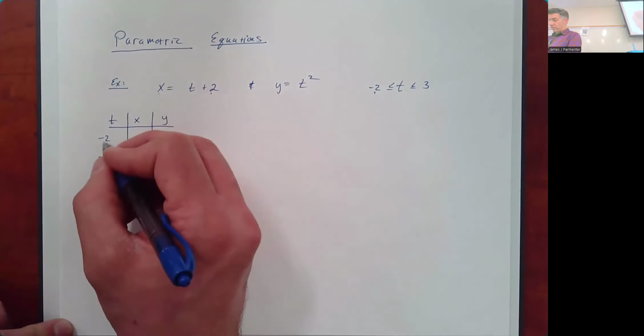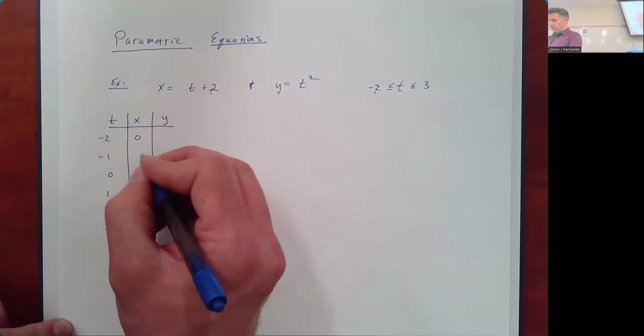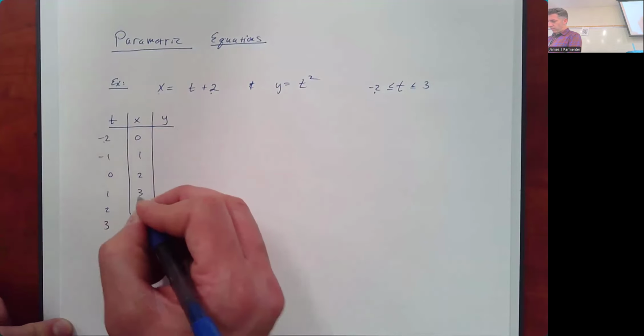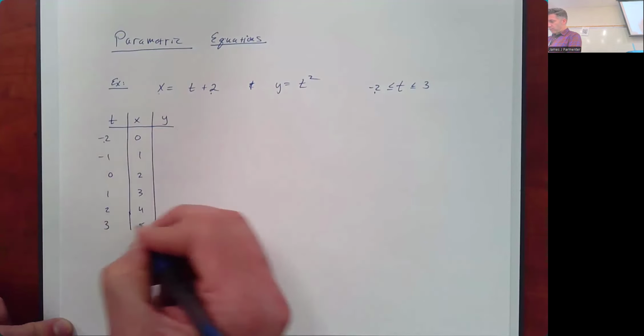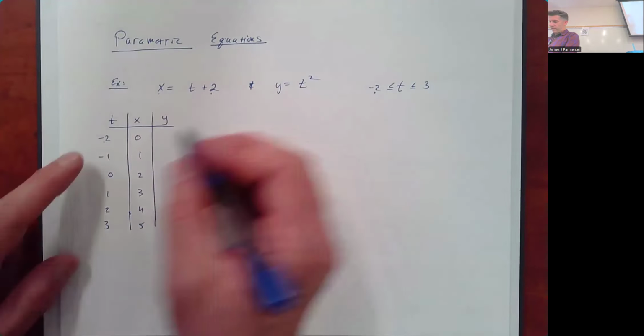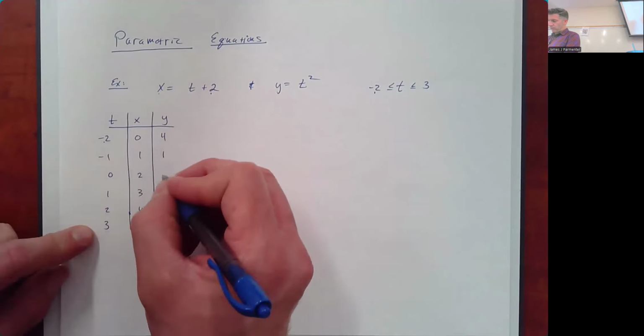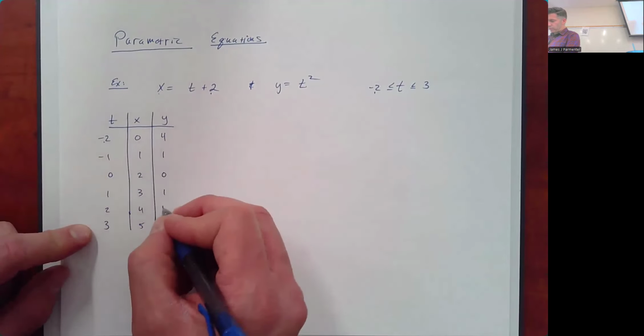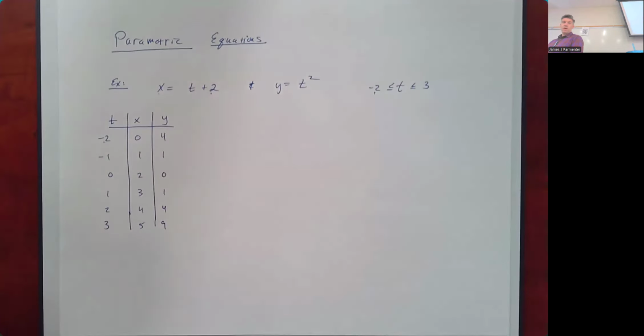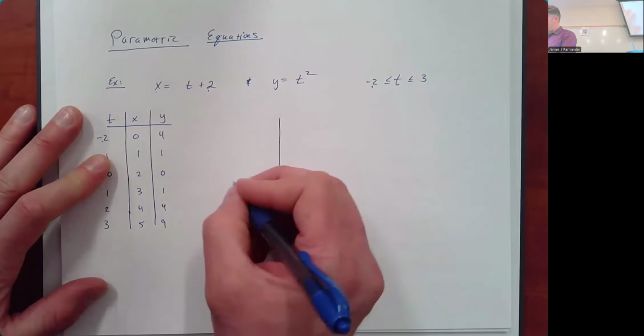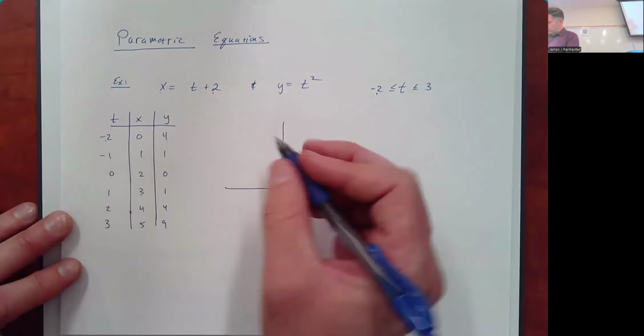So -2 plus 2 is 0, and then 1, and then 2, and then 3, and then 4, and then 5. y equals t squared. So if t is -2, y is going to be 4. -1 squared is 1, 0 squared is 0, 1 squared is 1, 2 squared is 4, 3 squared is 9. If we're going to graph this, we're only going to plot the x and y coordinates. t actually doesn't get graphed. So here, we're starting at the point (0, 4).